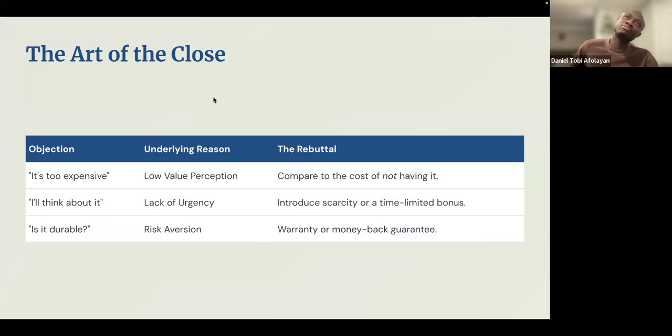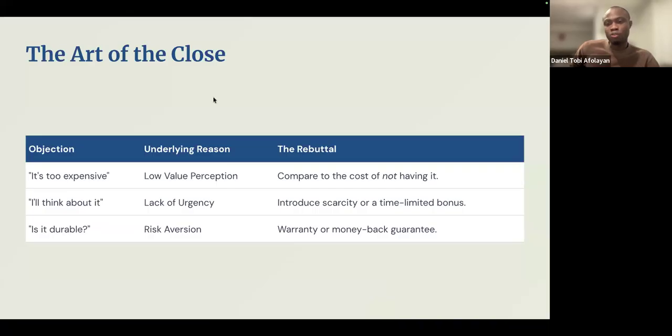Or someone says, I love what you have shared with me, I'll think about it. In the sales process, we see that kind of underlying reason as a lack of urgency. The person is just trying to weigh their options. But you want to reduce that urgency problem.